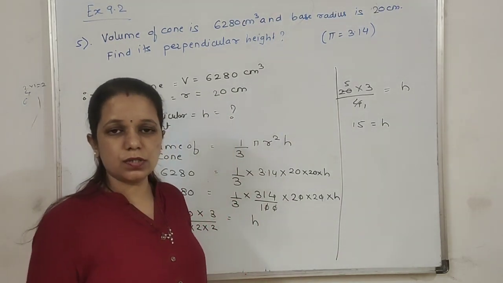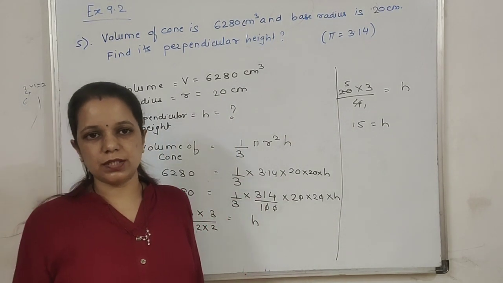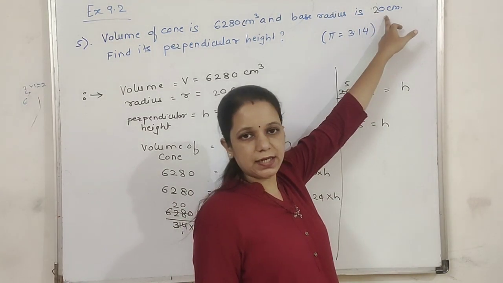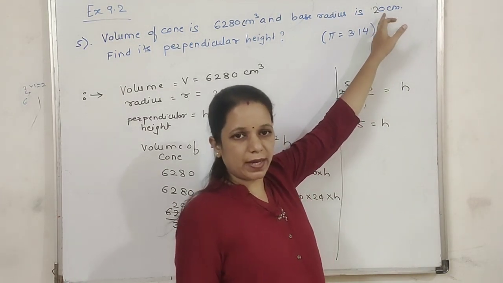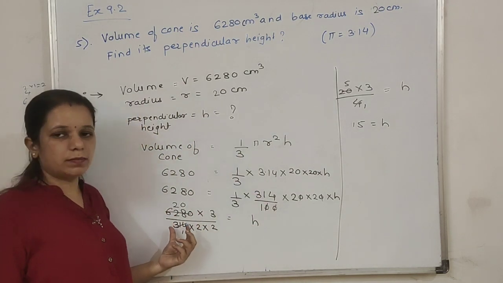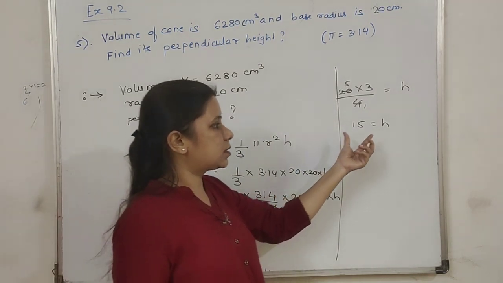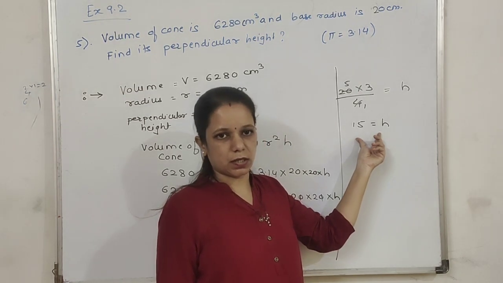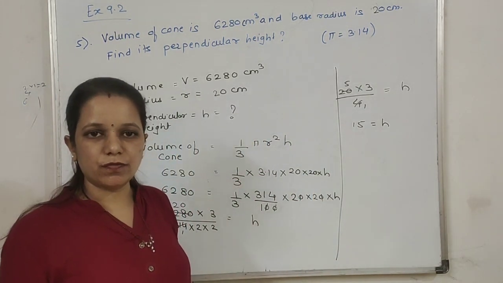So I suppose the value given in the question in the textbook is misprinted. We will take it as 20 centimeter as radius of the base, and then we come accurately to the answer as height equal to 15 centimeter. This is the perpendicular height of the cone.